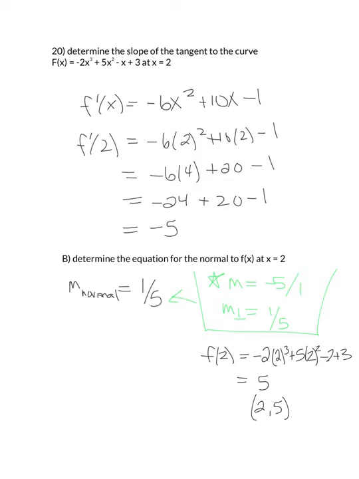So now that I know my m, my x, and my y, I can plug that into y equals mx plus b. So 5 is equal to 1/5 times 2 plus b. 5 is equal to 2/5 plus b, which means that b is equal to 23 over 5, or 4.6.